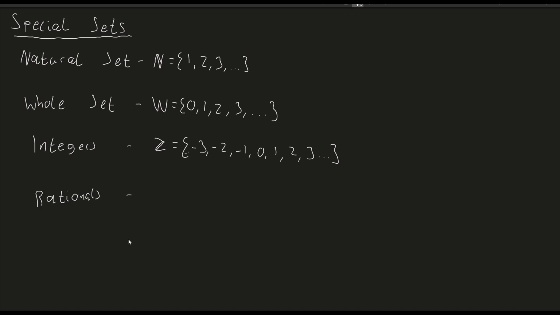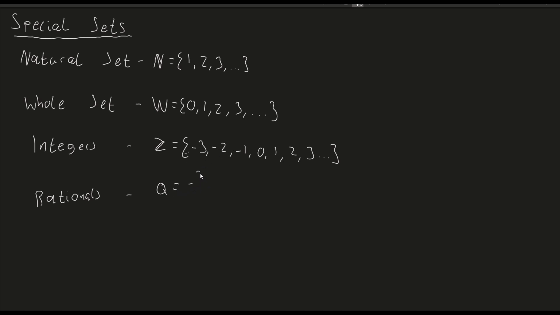The next set of numbers we'll look at is the rationals. So with the rational set, it's in the name, ratio. So the rational set is all of the numbers that we can write as a fraction by dividing two integers. So we denote this set with a Q, and we denote it with a Q because it's Q for quotient, and quotient is division. So this Q will equal all the numbers that have been written as a fraction.